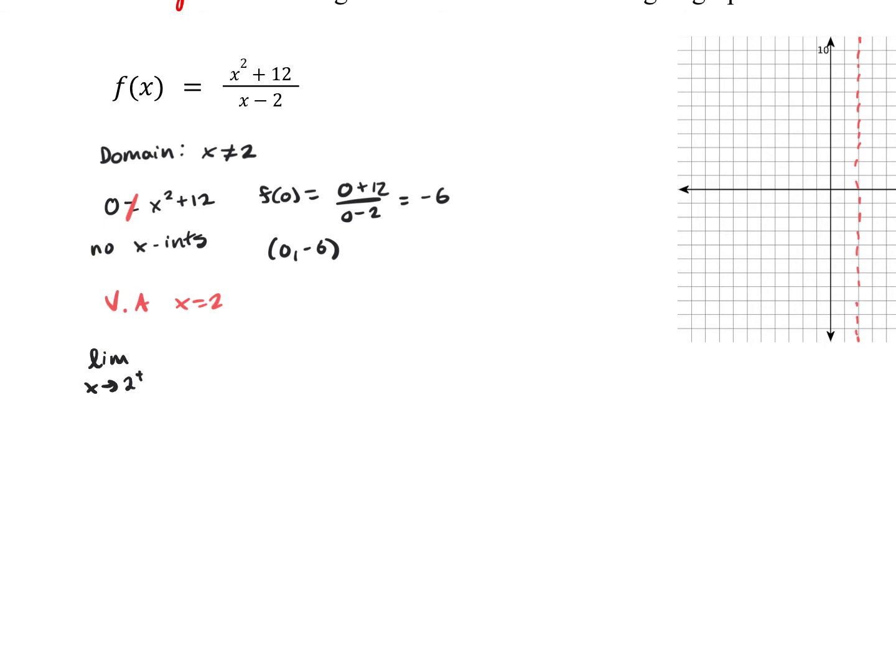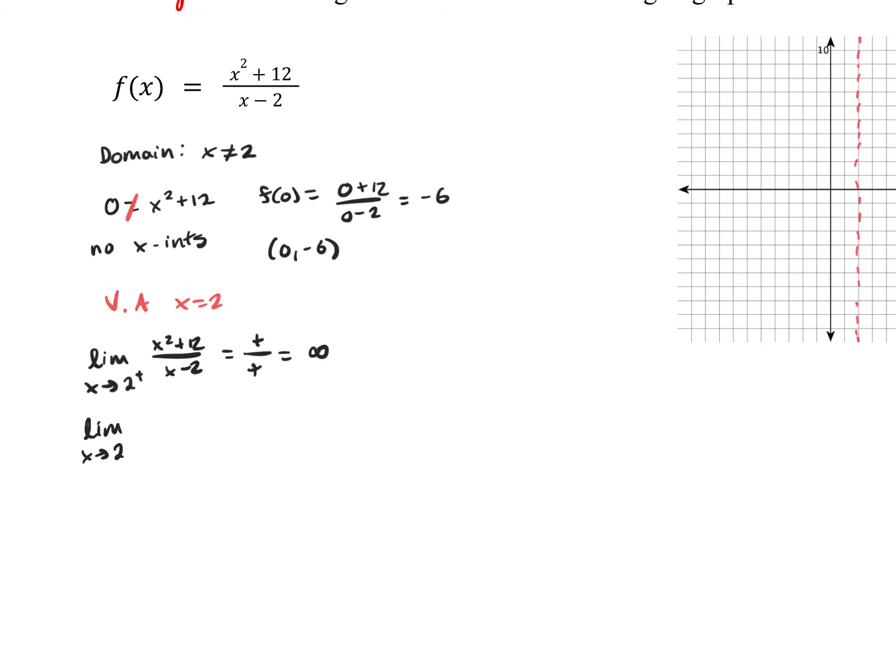So let's start from the right. So for this, remember, we imagine that we substitute something that is just larger than 2, maybe like 2.001. So our numerator would end up being positive if we do that. And our denominator would also be positive because we have something a little bit bigger than 2 minus 2. So this will approach positive infinity. So on the right, it's going to go up.